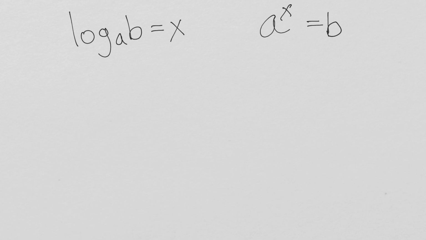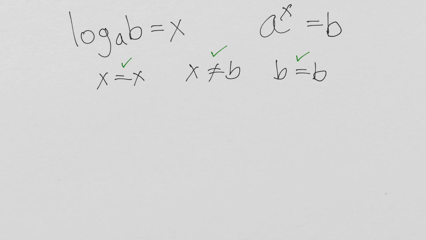And that is very true. X does always equal X. B does always equal B, but X does not equal B. Check, check, and check. If we look at these, though, that is very apparent.